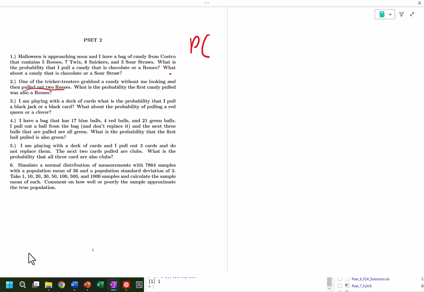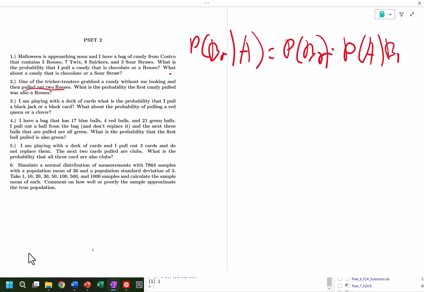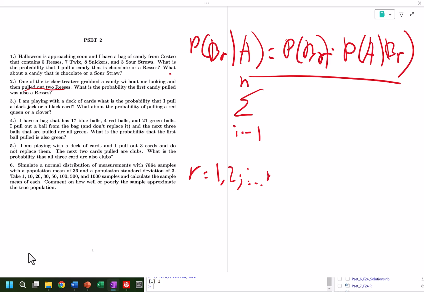Basically, some event B sub R given A, remember this line means given that A has occurred, is going to be equal to the probability of B sub R times the probability of A occurring given that B sub R has occurred, over the sum from I equals 1 to N, and R goes from 1 all the way to N as well, of the probability that B sub I has occurred times the probability of A happening given that B sub I has occurred. And you sum over all those probabilities.